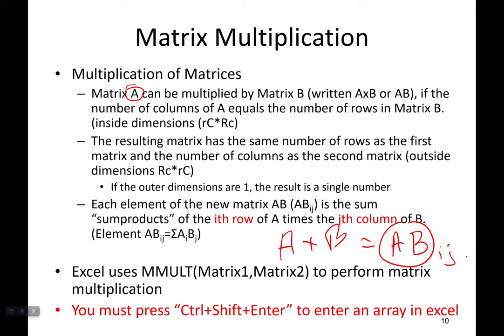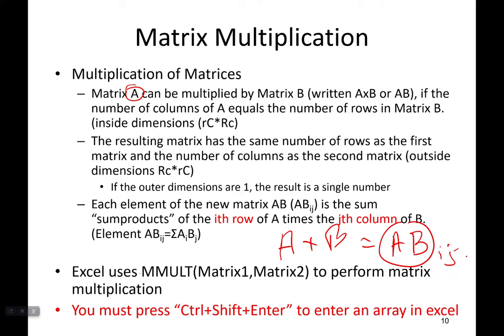It's a sum product of the ith row of A times the jth column of B. So each value is a sum product. All right, and you can get an idea why it has to have the same inner dimensions. That's the only way you can do a kind of sum product.